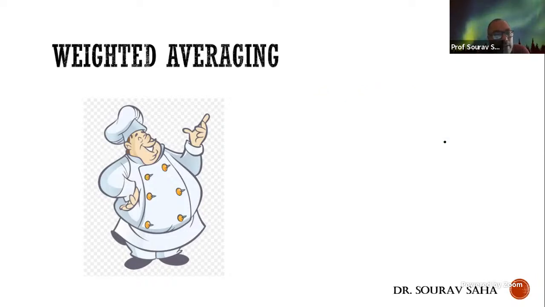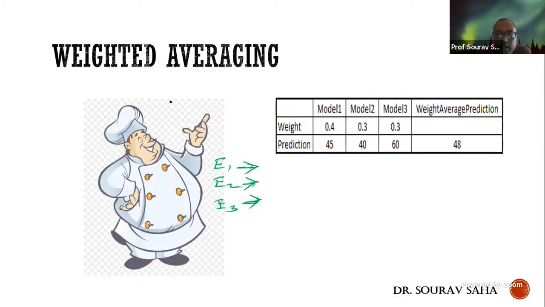Come to the case of weighted average. In weighted averaging, the chef puts his food to three experts, E1, E2, and E3. But these experts also have scores based on how accurate their reviews are. Let's say expert 1 has a score of 0.4, expert 2 has 0.3, and expert 3 has 0.3.